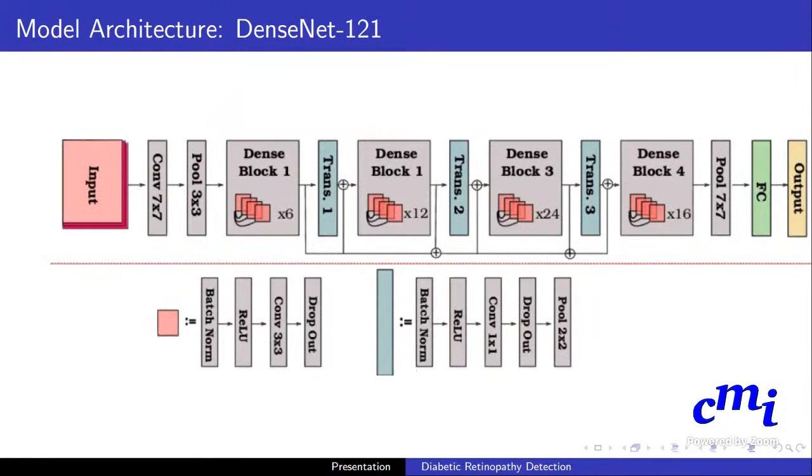This is an example of model architecture DenseNet 121. So basically, again, it follows a similar architecture, that is a convolutional layer, followed by a pooling layer, then a dense block. And as we can see, there are some residual network-like structures as well, followed by a pooling layer, fully connected layer, and finally an output.